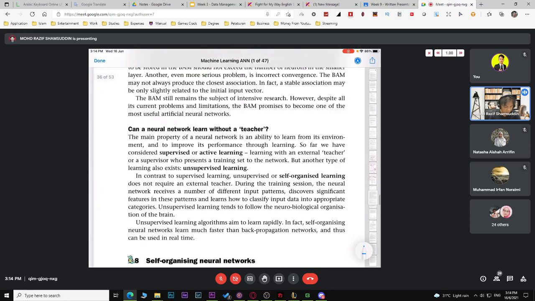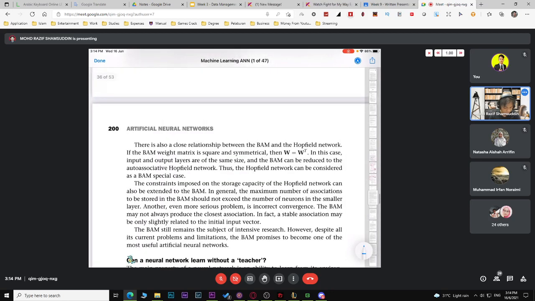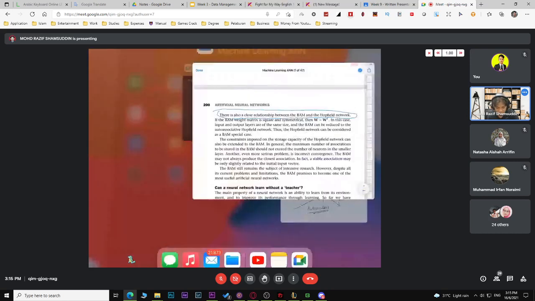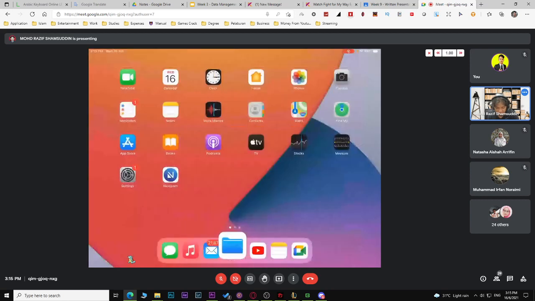Dia kata kat sini, nampak tak kat sini dia kata, there is also a close relationship between bidirectional associative memory and the Hopfield network. Maknanya RNN dan juga autoencoder ni lebih kurang sama je sebenarnya. So if the bandwidth matrix is square and symmetrical, maknanya input dan output dia sama. Macam ni.